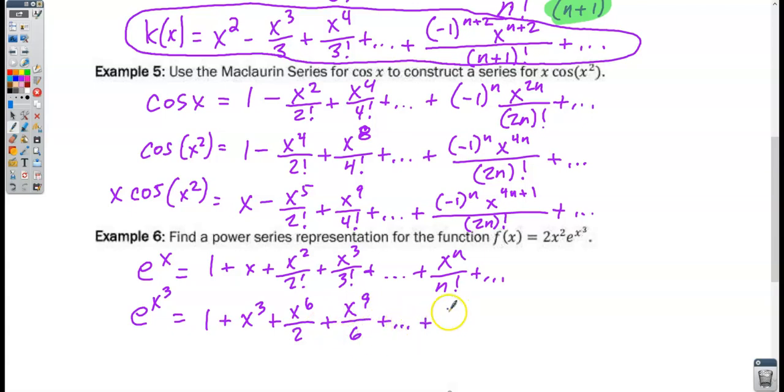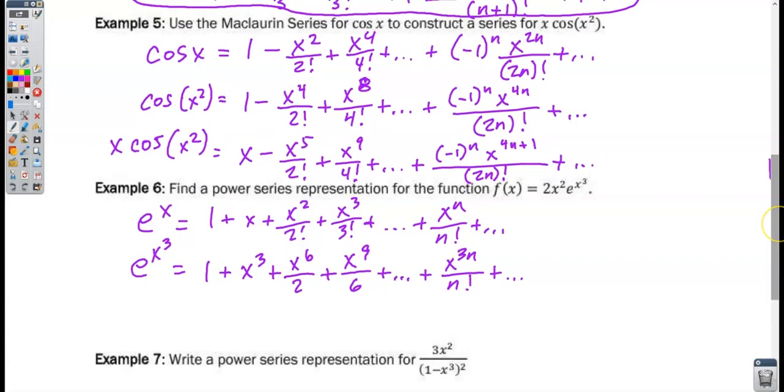I got rid of all my factorials there in my first 4 terms. And then, to turn this into 2x squared e to the x cubed, we're just multiplying the series for e to the x cubed by 2x squared.